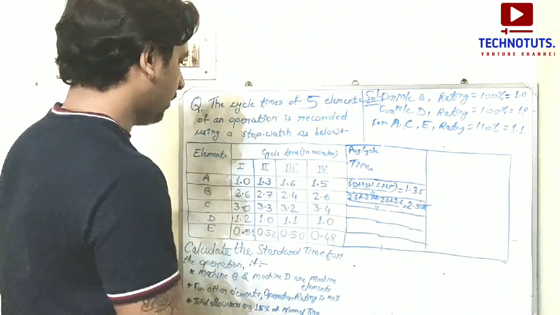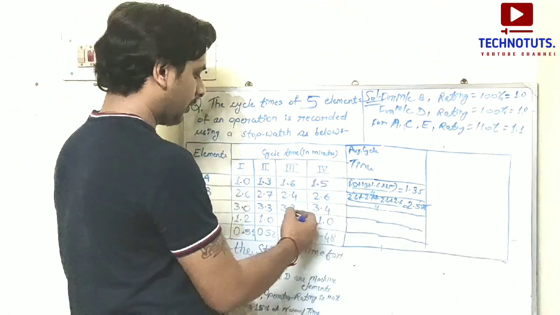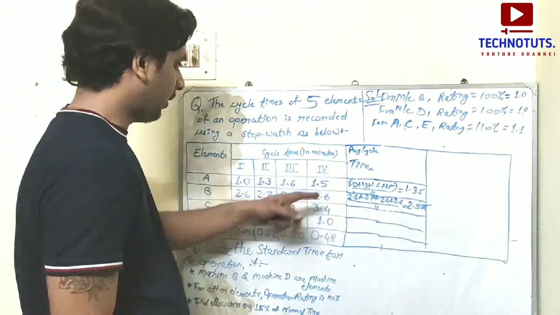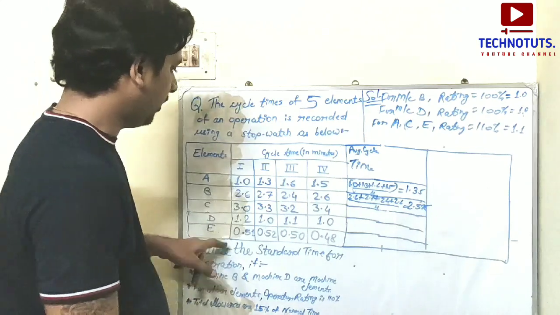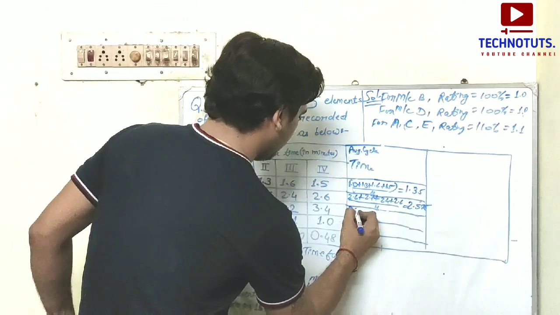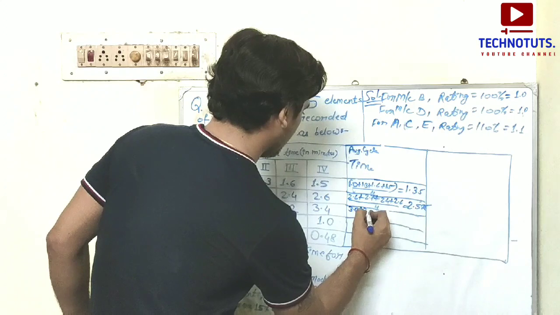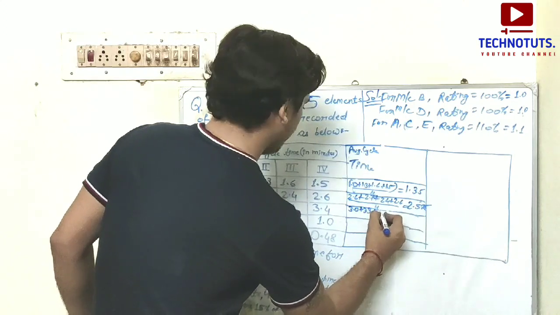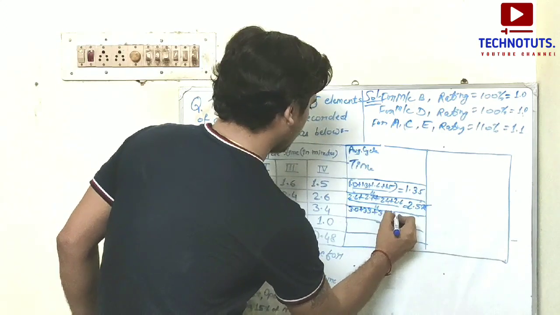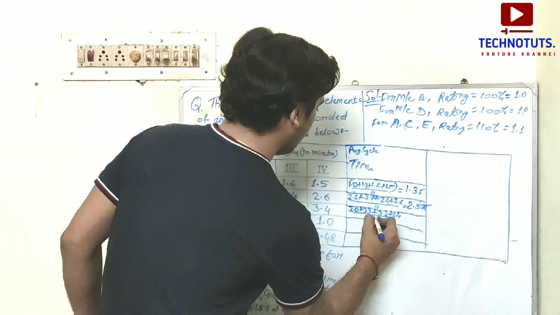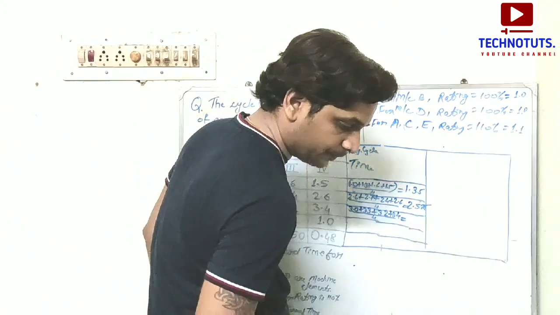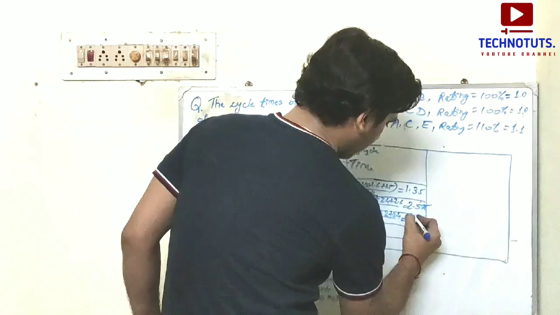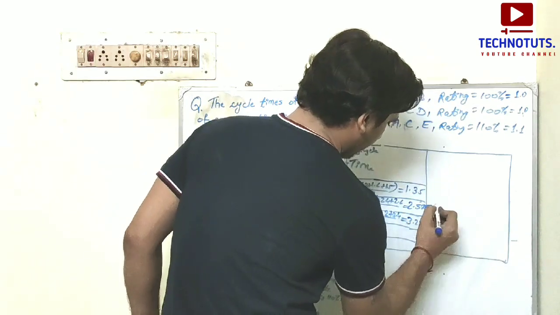Okay, in a similar fashion I have calculated operator times as average cycle times for C, D and E. So let us calculate 3.0 plus 3.3 plus 3.2 plus 3.4 divided by 4, which is equal to 3.225.